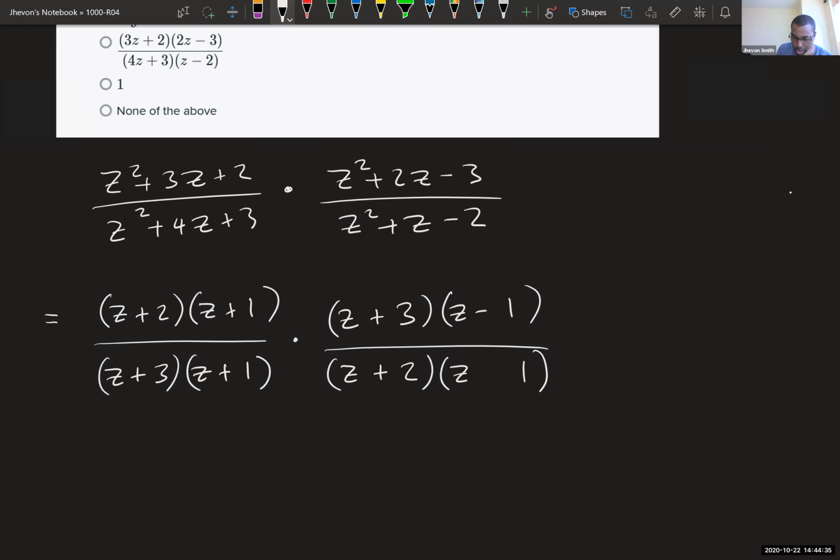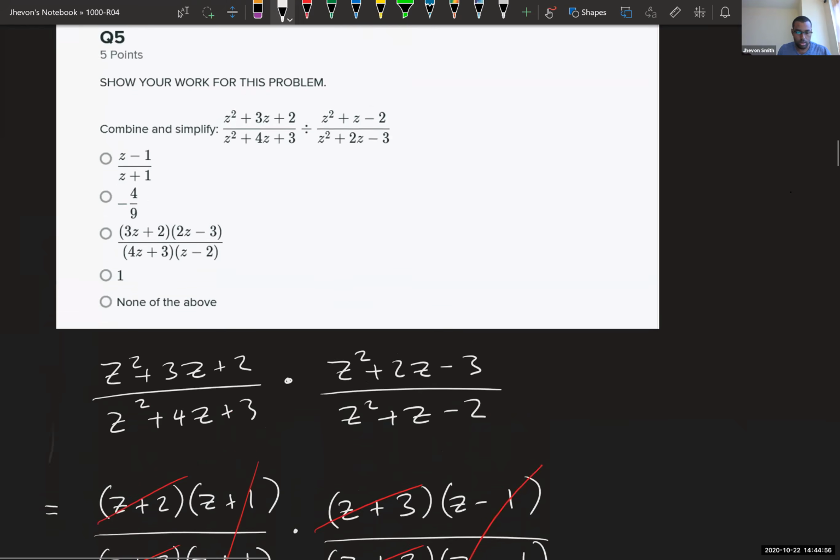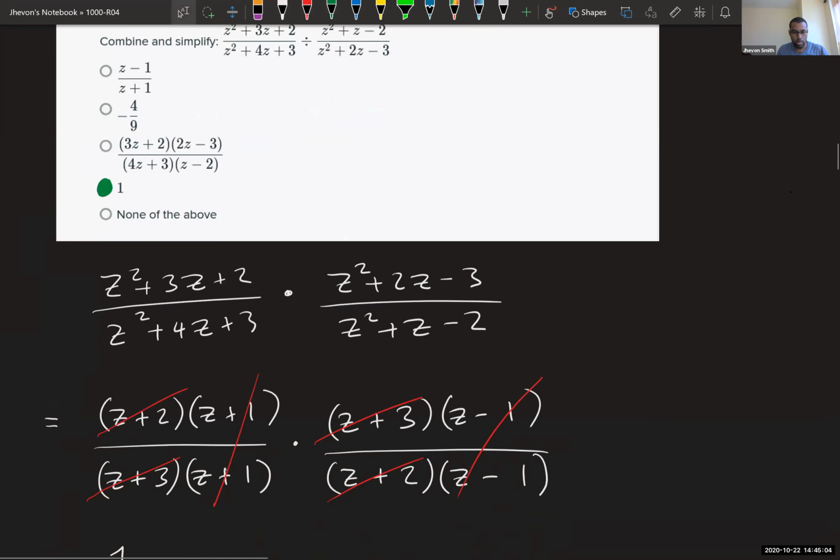If I make this a +2 and a -1, that gives me the middle term of +1. And so now you just go through and you cancel. So Z plus 2 cancels with that. Z plus 1 cancels with that. Z plus 3, Z plus 3 cancels that. So it seems like everyone cancels out. So you end up with a 1. So that's that one.